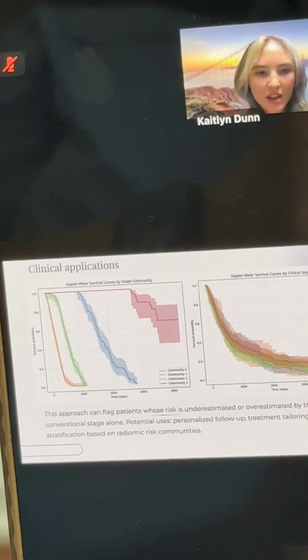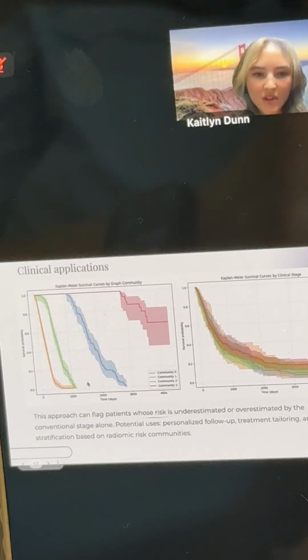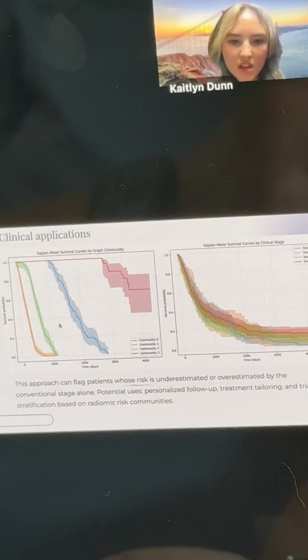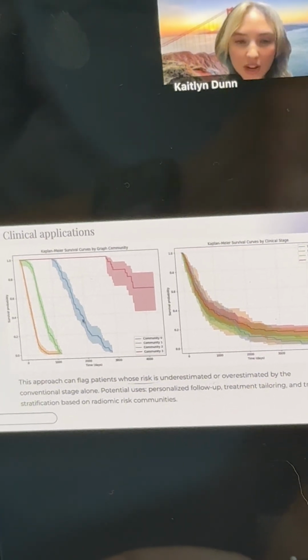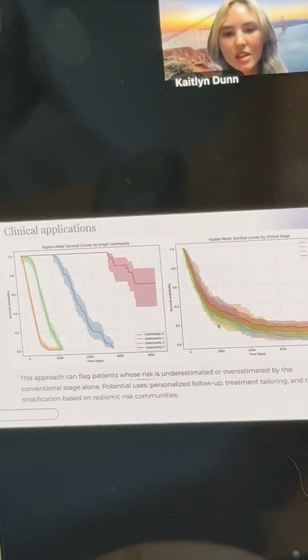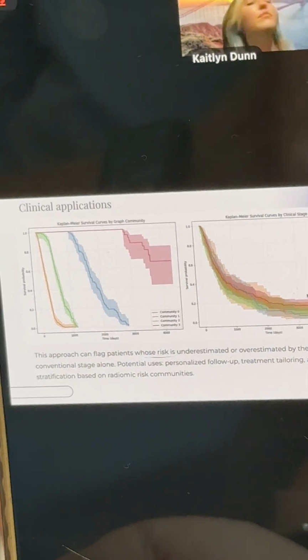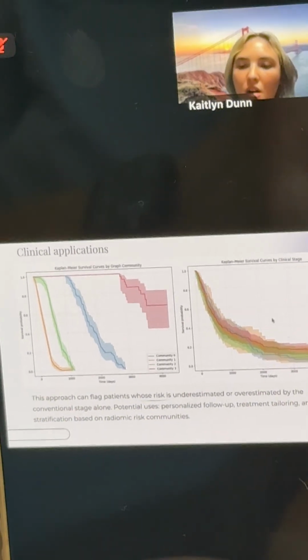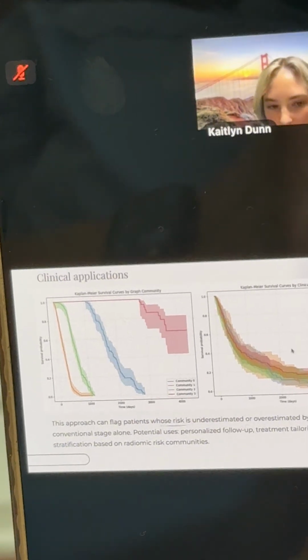So here is the Kaplan-Meier survival analysis of the risk communities that I have identified compared to the Kaplan-Meier risk evaluation of the anatomical staging.